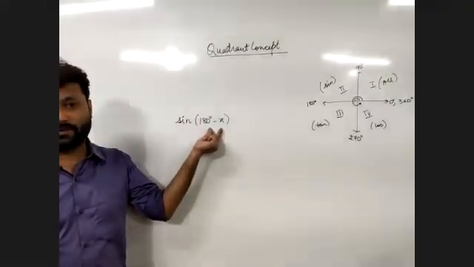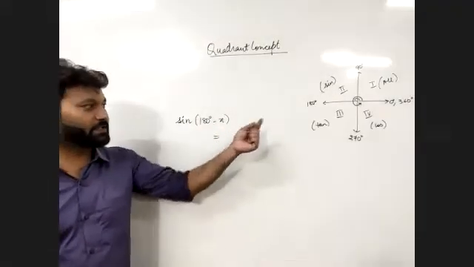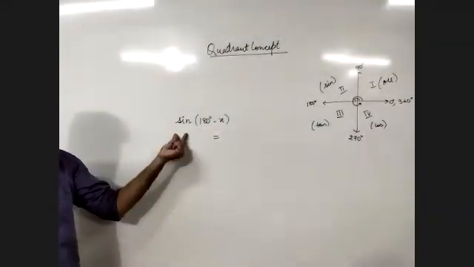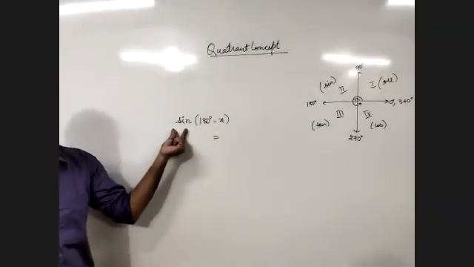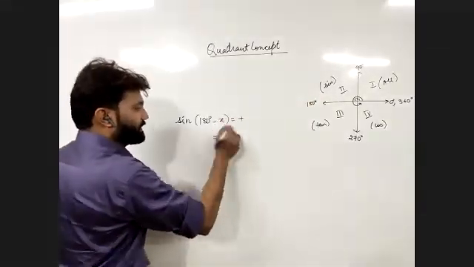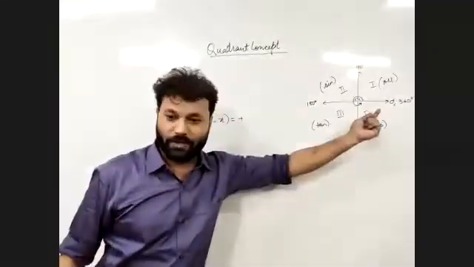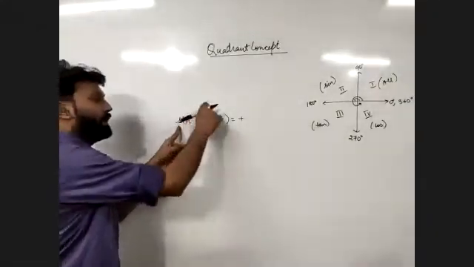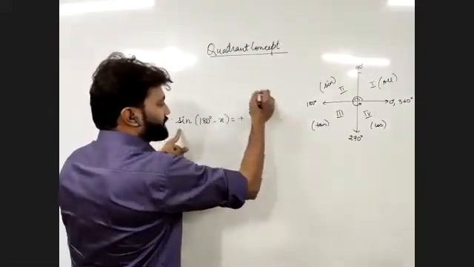Which quadrant? Second quadrant. Then we check the sign of this T ratio, whether it is positive or negative. In the second quadrant, sine is positive, so plus sign. And because it is the horizontal axis, the function will not change. Sine will remain sine only, so it will become sin x.